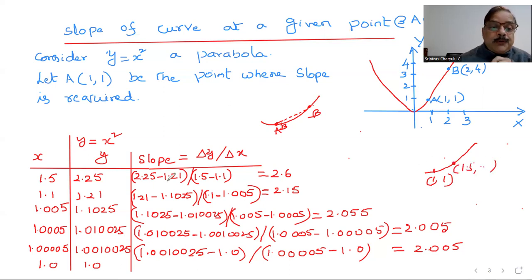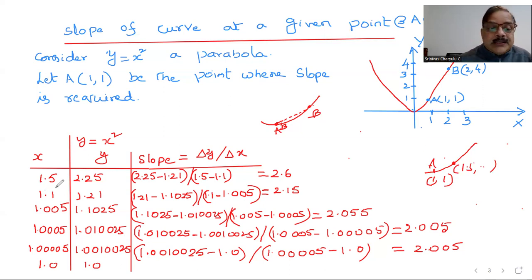So when I choose 1.5, y is equal to x square, that is the function I have taken. I will find out in each case the y coordinate. 1.5 I have chosen, 2.25 I got. The second point I have chosen very close, 1.1. So I'm moving towards A, where my interest is. At A I will compute the slope.